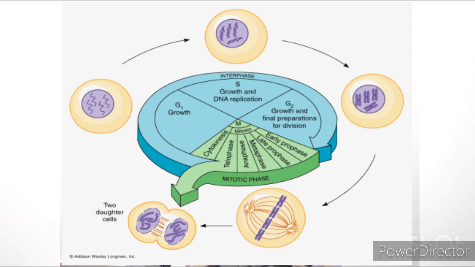We know that every cell is capable of division, and these events are called the cell cycle. The sequence of events including duplication of DNA, synthesis of other cell constituents, growth and division that a cell undergoes from the time of its formation up to its division into daughter cells is called a cell cycle.